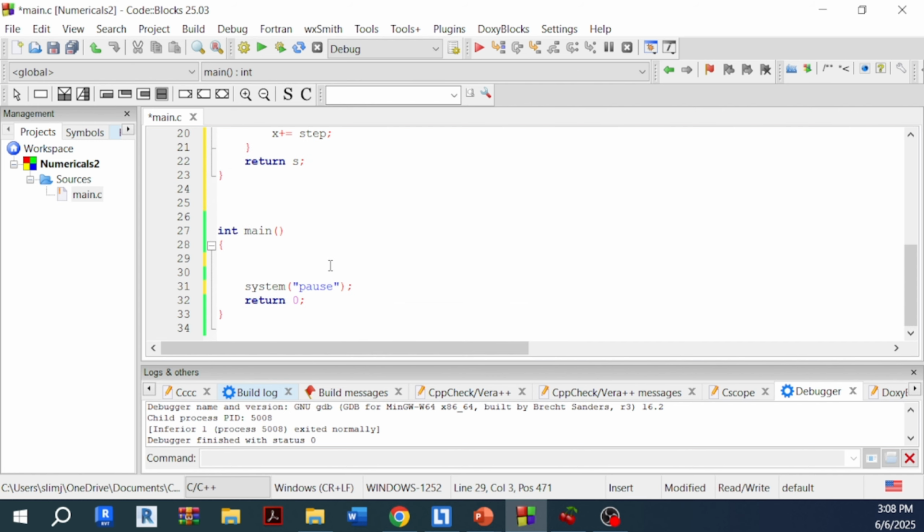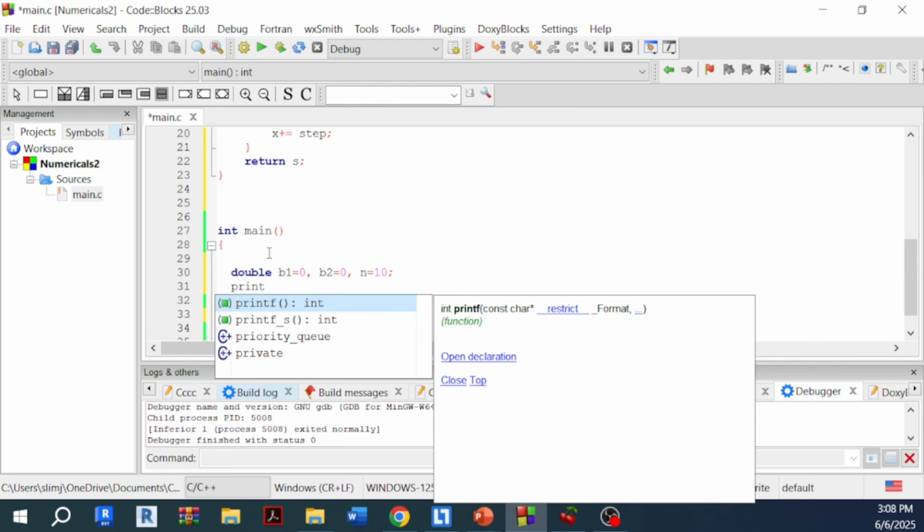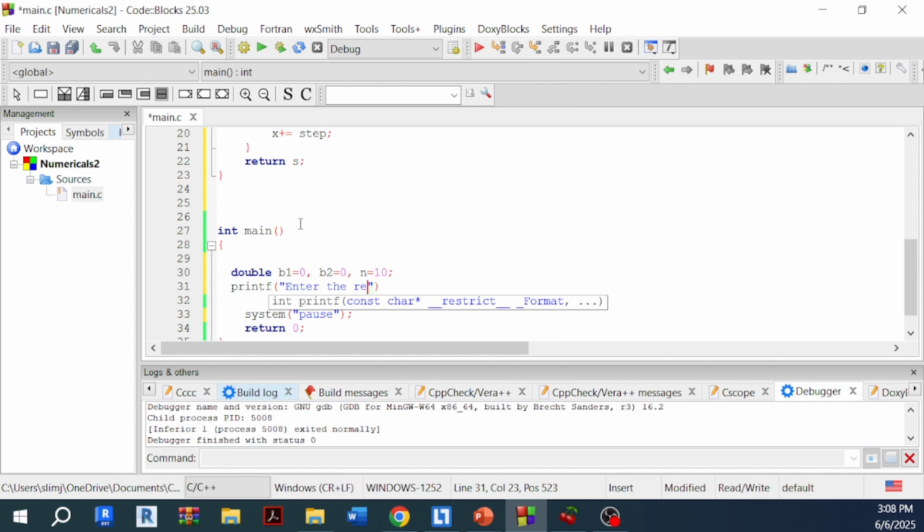Now we go down to main. Double b1 equals 0. Here I need to declare the different boundaries. b2 equals 0. I'm initializing them at 0. And n equals 10. Actually, they're going to be updated by the user. Let's prompt the user to enter these different values. Enter the respective boundaries, b1 then b2 respectively.